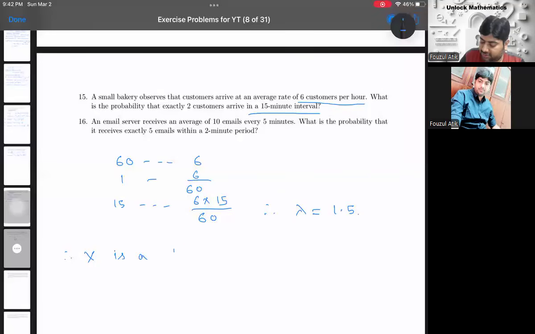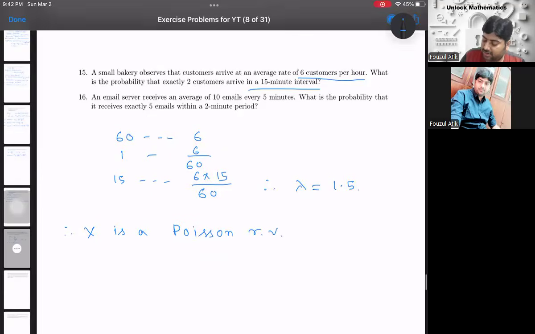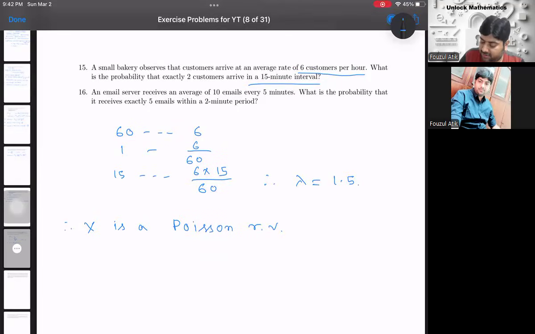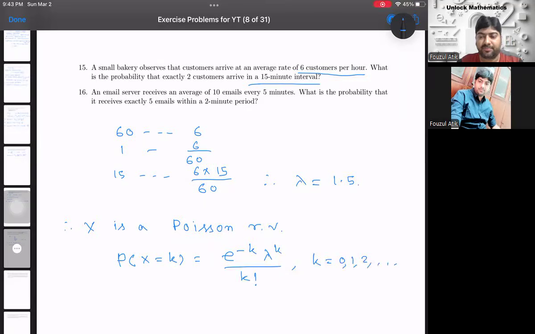X is a Poisson random variable, and we all know that its PMF is P of X equal to k is equal to e to the power minus lambda into lambda to the power k divided by k factorial, where k is equal to 0, 1, 2, and it can be a very big number. Now what is lambda? Lambda is 1.5.